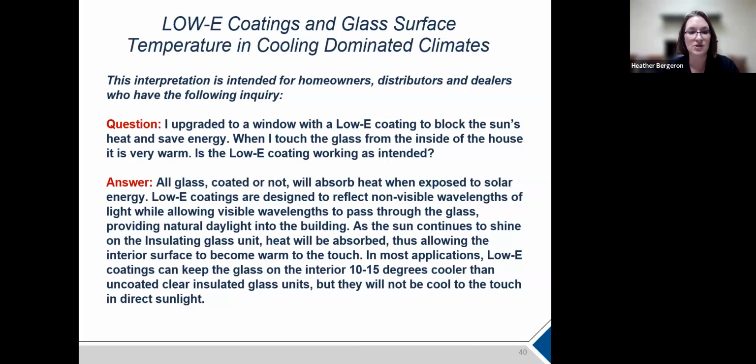As the sun continues to shine on that insulated glass unit, heat will be absorbed, thus allowing the interior surface to become warm to the touch. In most applications, low E coatings can keep the interior glass about 10 to 15 degrees cooler than an uncoated clear glass unit, but it will not be cool to the touch in direct sunlight. So this is just the basics of some of the questions that can potentially come up from a homeowner or a distributor about low E coatings.